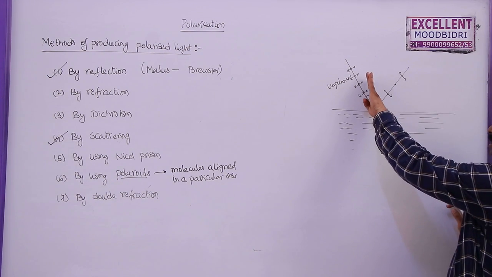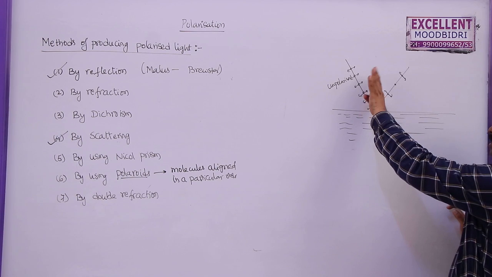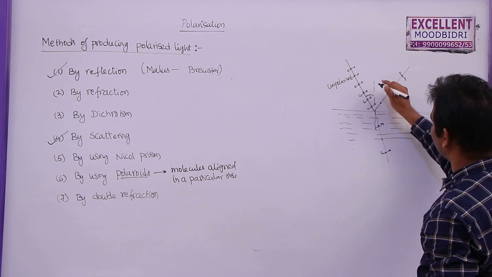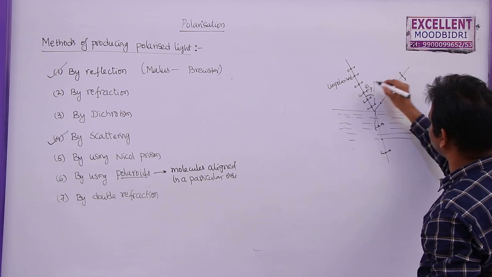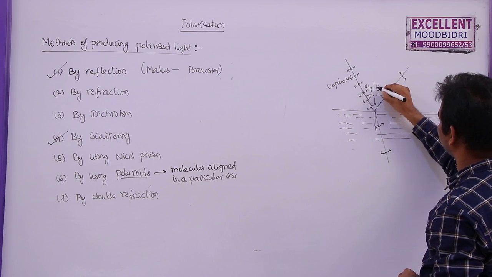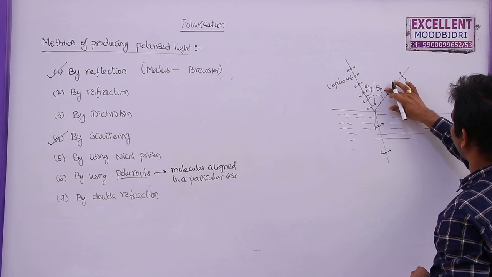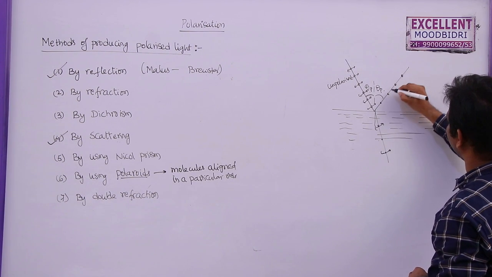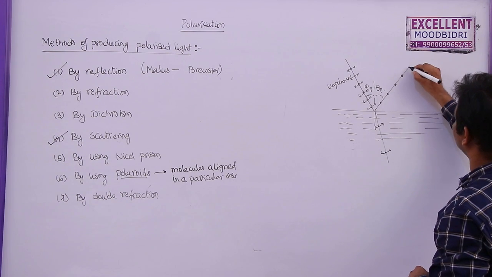But if you change this angle of incidence slowly, if you increase this angle from 0 to some value, at a particular angle of incidence called the polarizing angle, you will have only the dot components. So the reflected light will have only dot components.